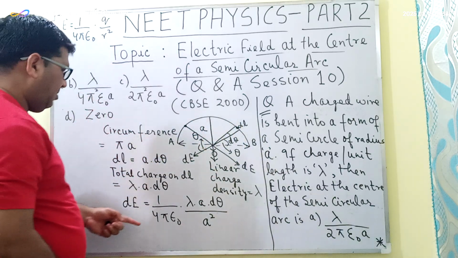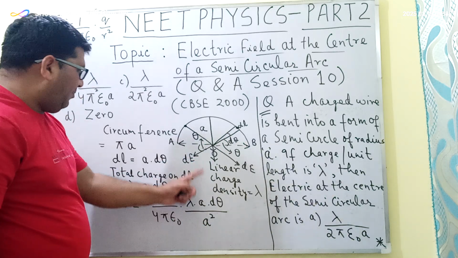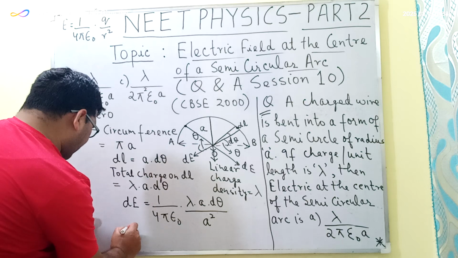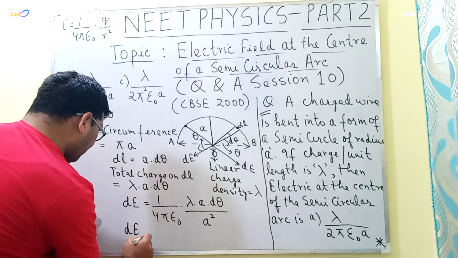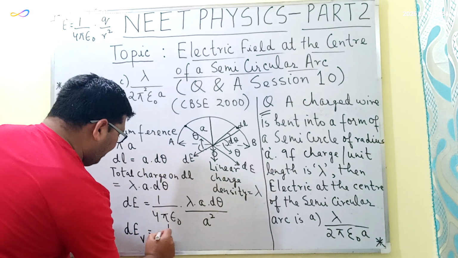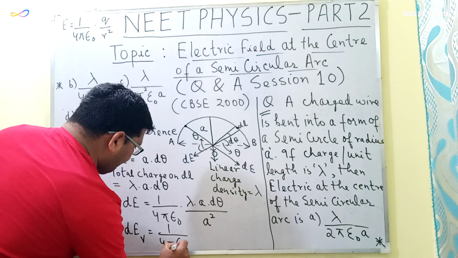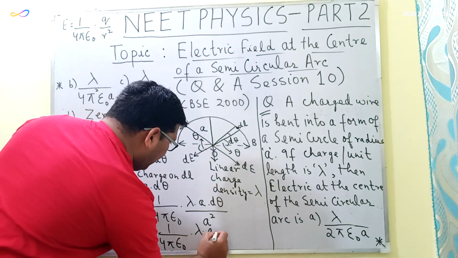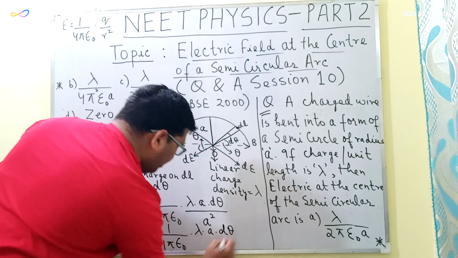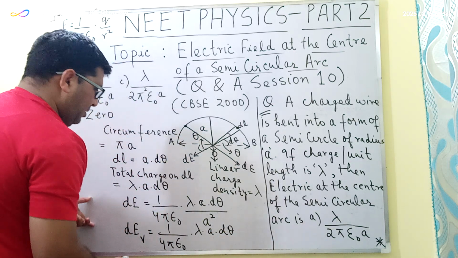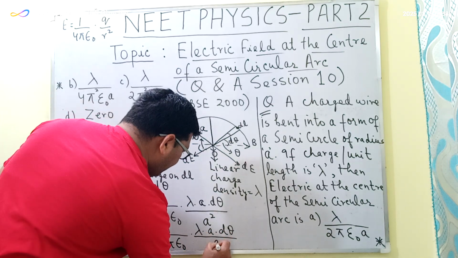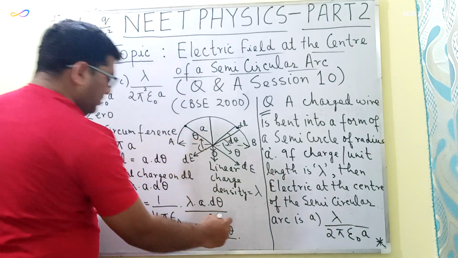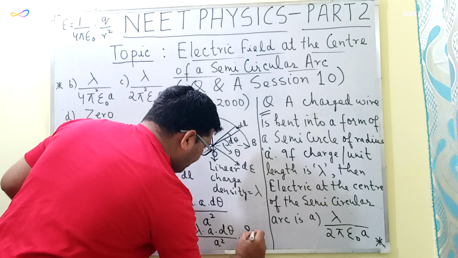So the vertical component of this electrical field, I am just writing it here as dE V, will be equal to 1 by 4 pi epsilon naught into lambda A d theta upon A square, into sine theta.